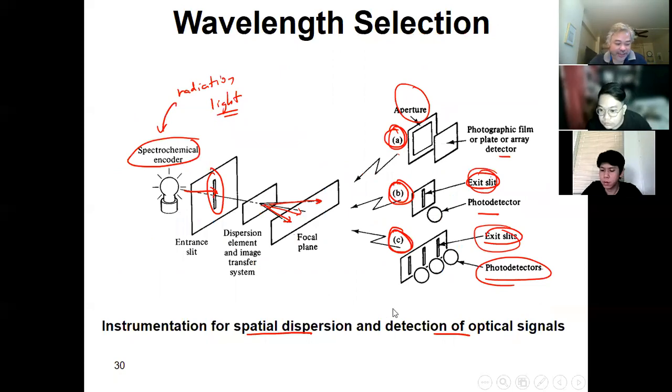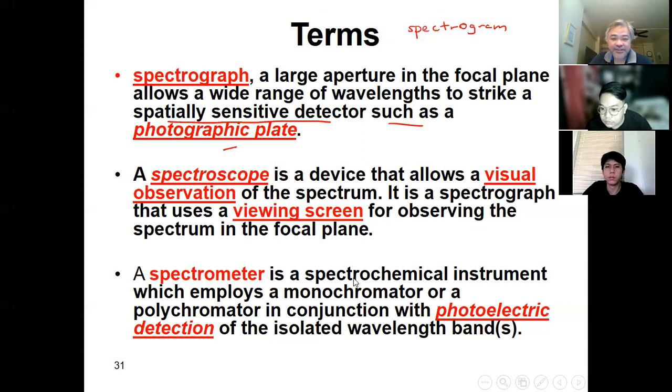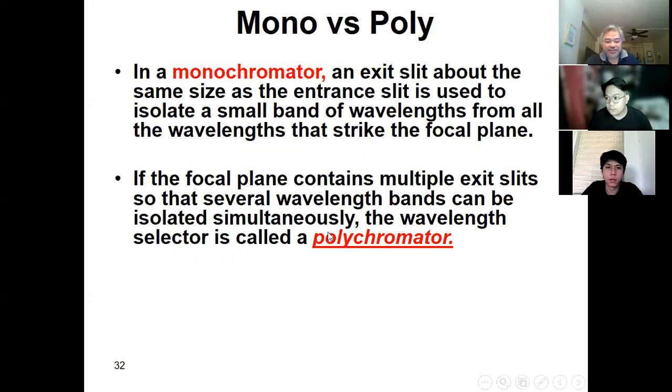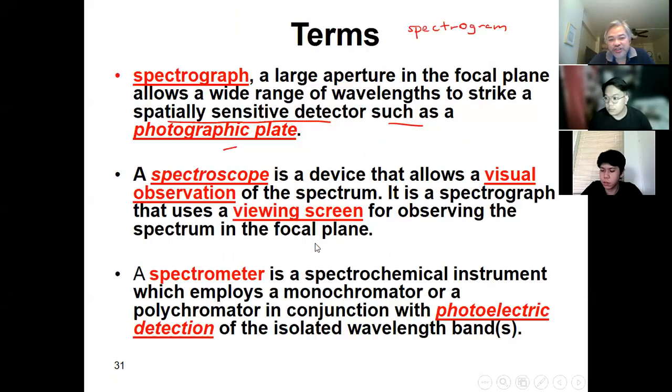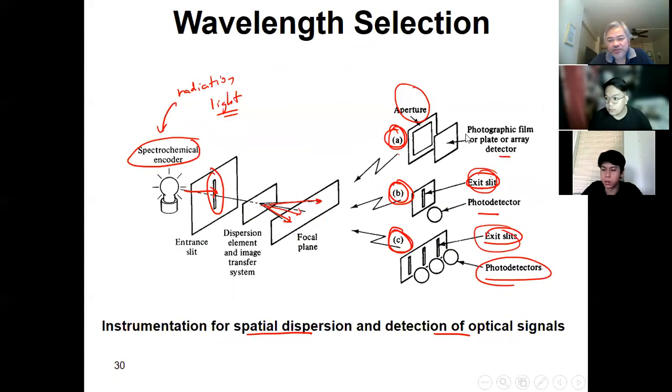In this case, you have some sort of spectrograph. Usually, it is an apparatus for photographing or otherwise recording spectra. It just records the photograph that you get, or the spectra if you have an array detector.